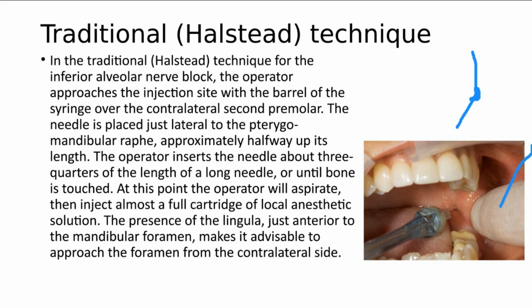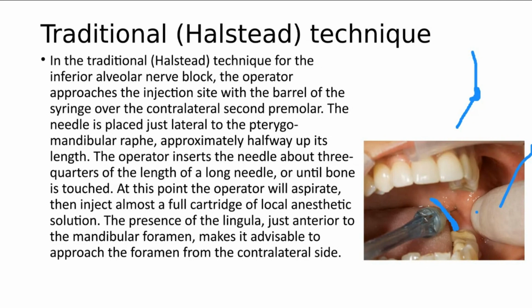And then find here, you will find, all right. So this will be your thumb, and on the other side, right here, you will see your pterygomandibular raphe.